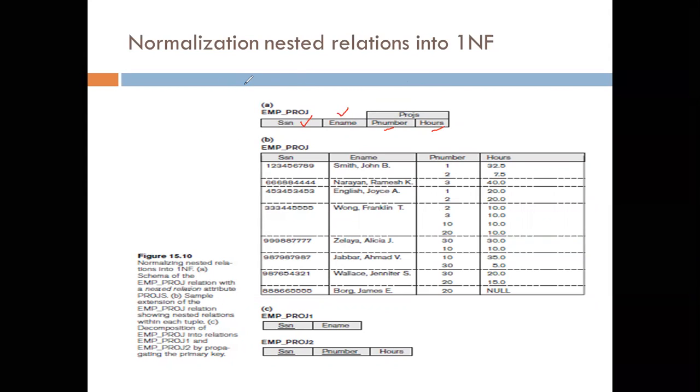So now what happens if, now look at the data. This employee, he is working on 2 projects. So project number 1, project number 2, on 1 32 hours, on 2 7.7 hours.